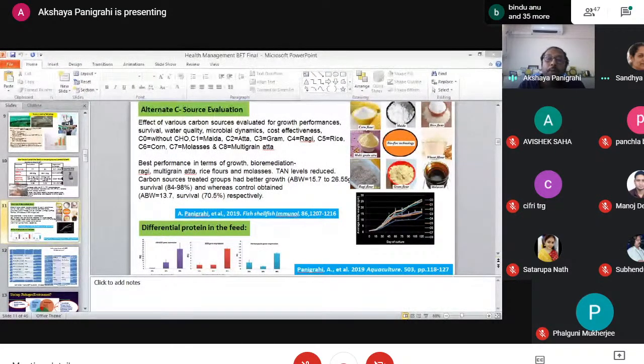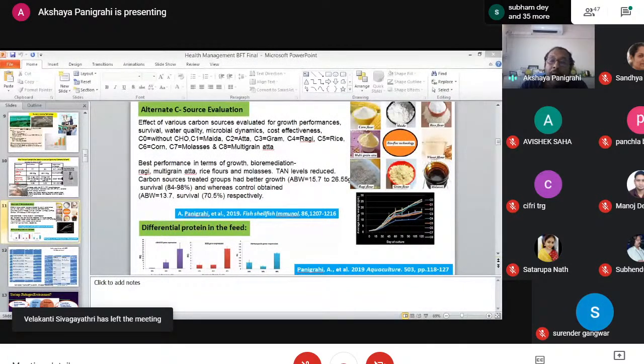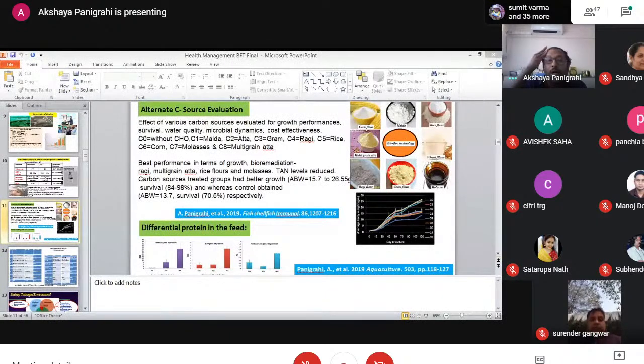So this is what we were trying to tell about productivity, and this is when we think of this production system. Here we are thinking about how the interaction between the pathogen, the animal, and the environment dictates the terms. But if you see worldwide, they say this biofloc system is the panacea for all kinds of diseases.